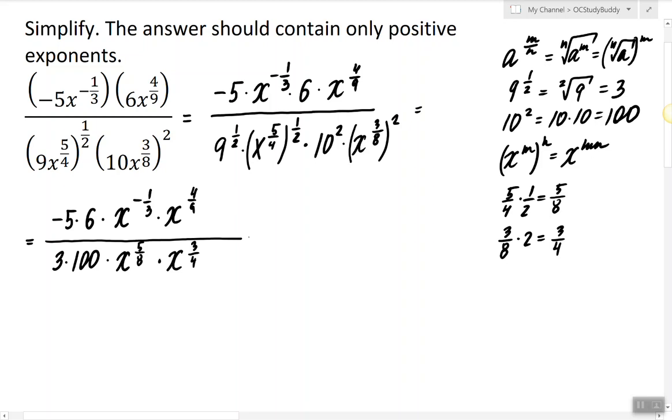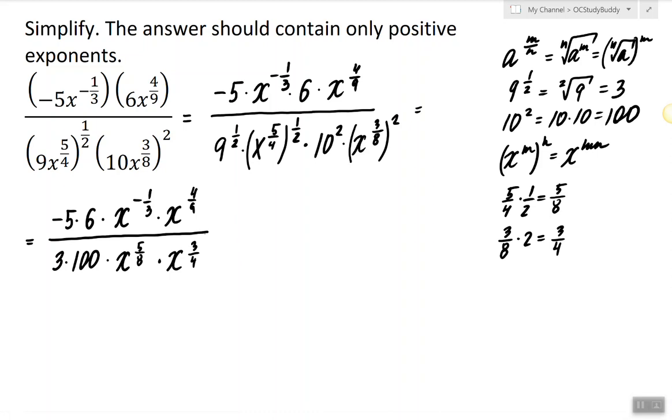So this expression can be simplified by combining all the powers of x and then working out all the coefficients separately.